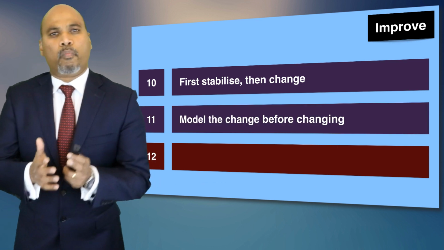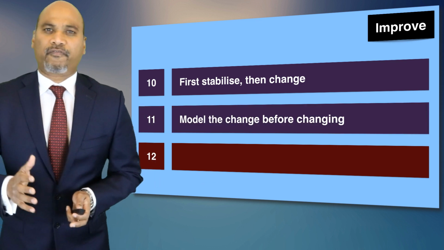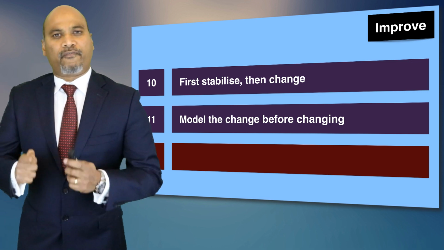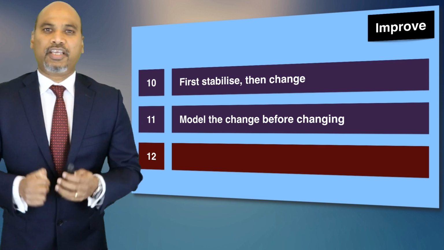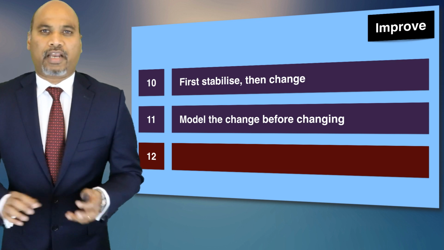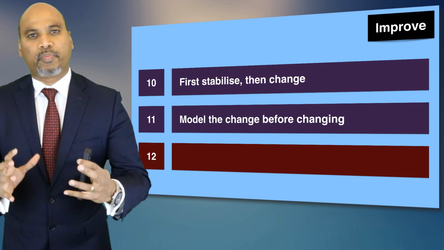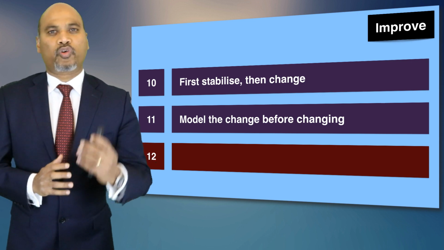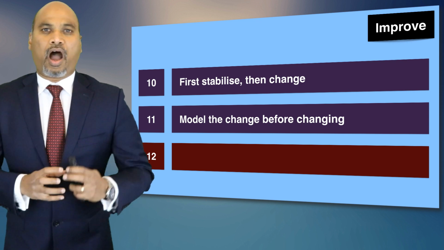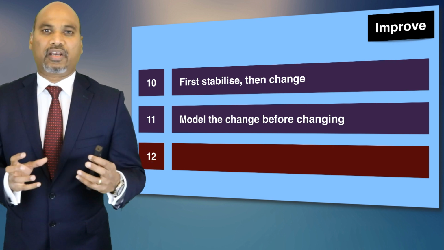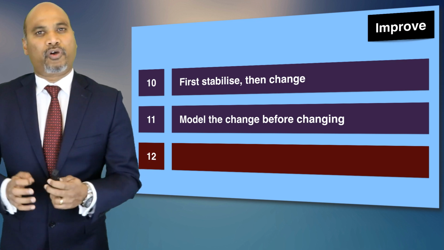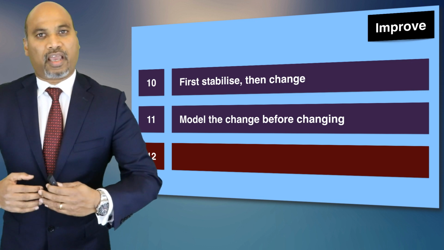Second, model the change before changing. This is my favorite. You see, it doesn't mean that you model to the nth degree. The point really is, before you put in the change, right, you need to work out on a spreadsheet or on a piece of paper, or using a calculator, whatever that may be, how the to-be system will look like, how much improvement could it potentially give, how much potential financial benefit could I get, and how will it behave, is something you need to be able to model, right, before you actually put in the system and deploy it.